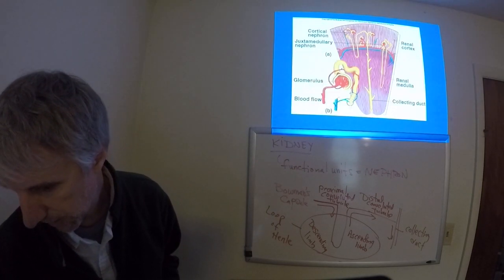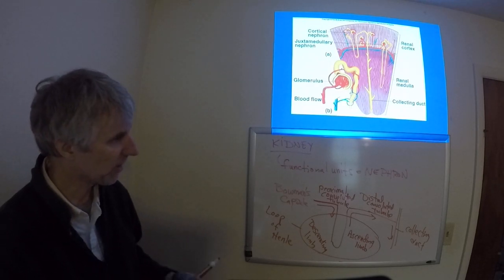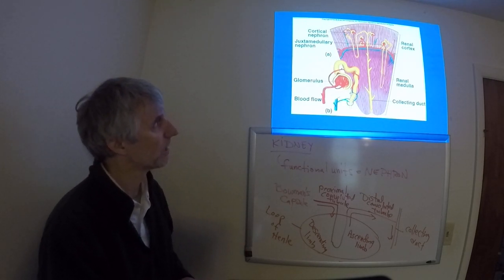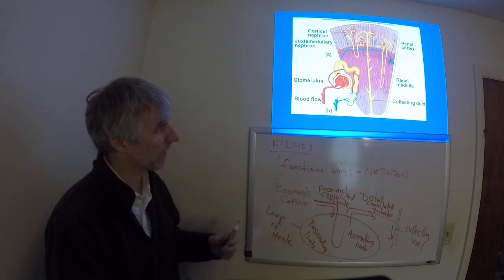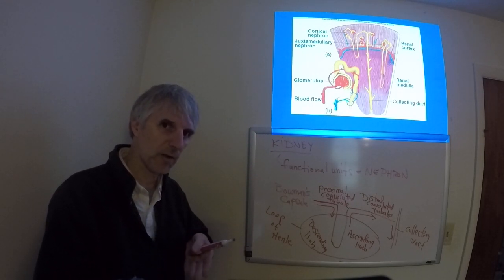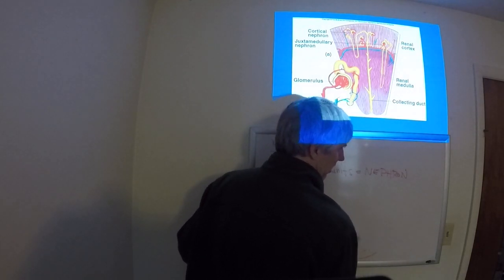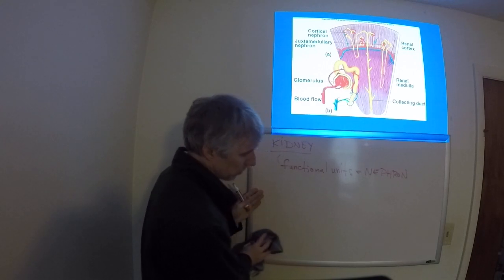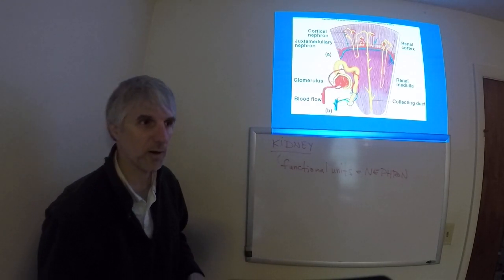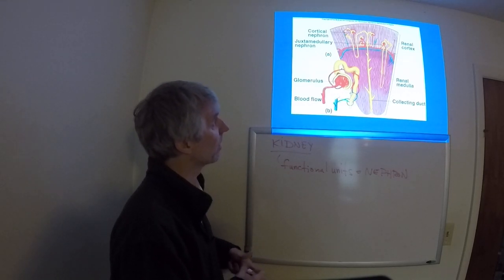Before we get into the nitty-gritty here of these nephrons and how they function, it's worth mentioning that there are basically two types of nephrons. And the nephrons differ from each other based on this loop of Henle and how far down into the medulla that loop of Henle goes.